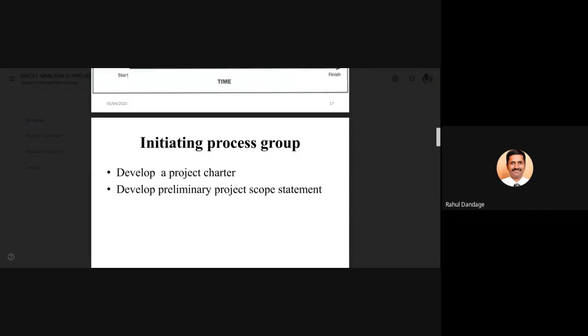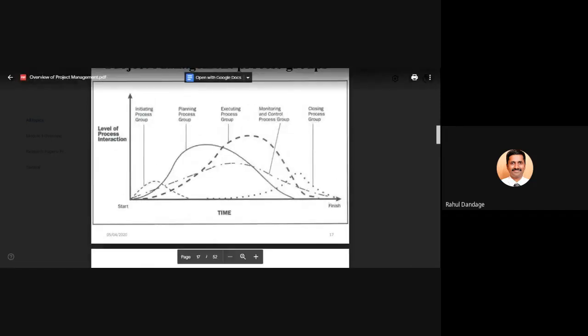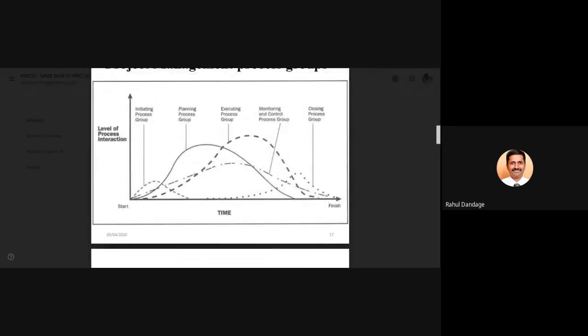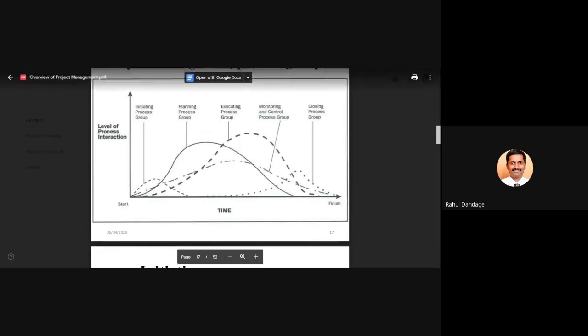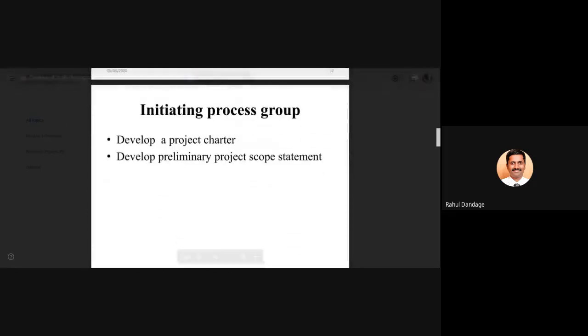If you have gone to the glossary given for your assignment, you will find the word project charter. Project charter is nothing but the official document authorizing some person or some organization to execute the project. That is one of the important activities in this initiating process group.